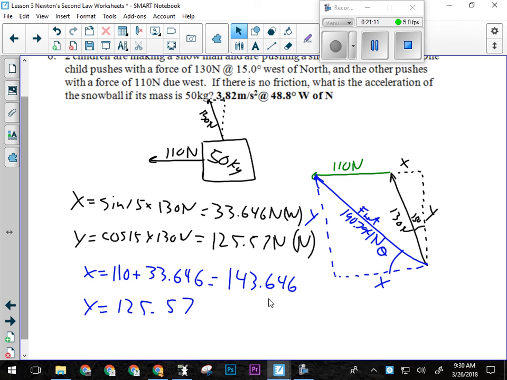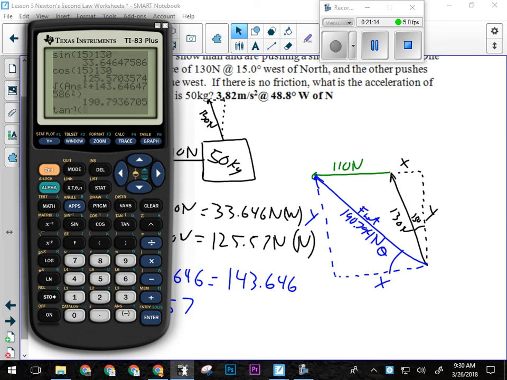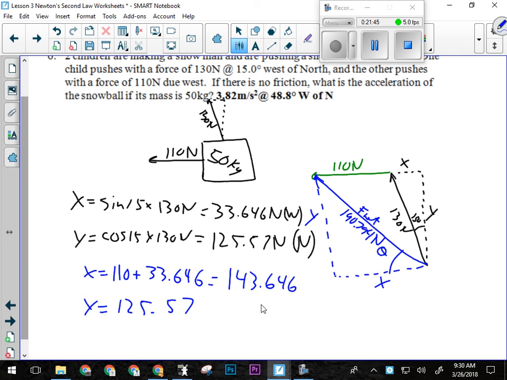I need its direction, so I'll find that using tan, so it'll be y over x, 125.5703 over 143.646. So I've got an angle of 41.16 degrees, and for me that's north of west.